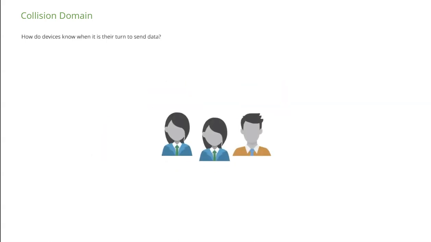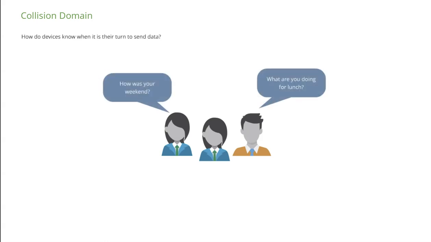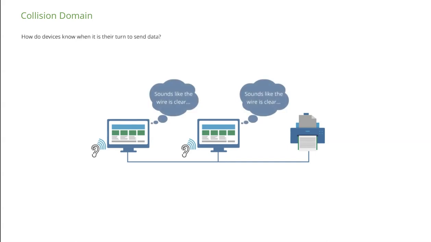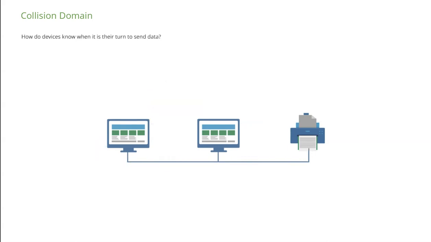Let's return to our conversation analogy to see how this problem can happen. If there is a lot of conversation and two people try to say something at the same time, others in the group might not understand what either person is saying. At this point, one person stops for a moment and allows the other person to resume speaking. The same thing could happen if two devices listen to the wire, believe it is idle, and try to transmit data at the same time.